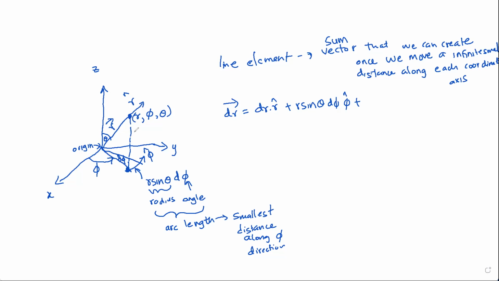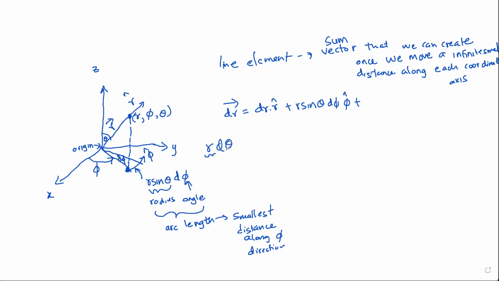The distance we can travel along the theta hat direction, we can again take as an angular distance. That angular distance we can define using r and d theta, right?